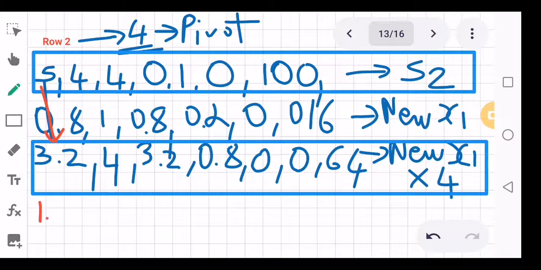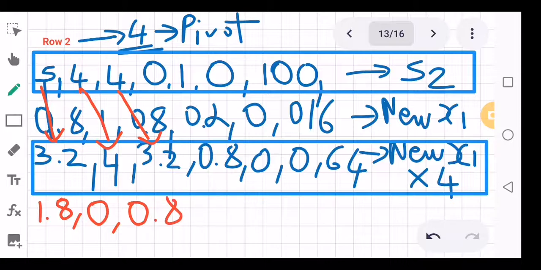The next element is 4 over here and 4 over here: 4 minus 4 is 0. Next is 4 and 3.2: 4 minus 3.2 is again 0.8.